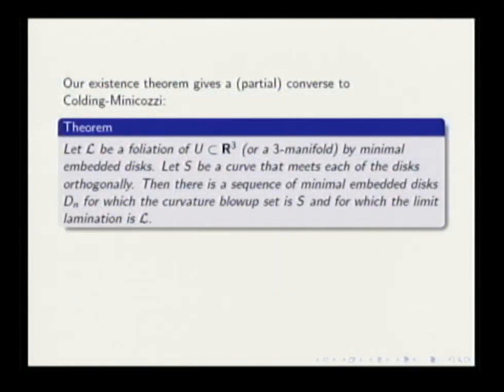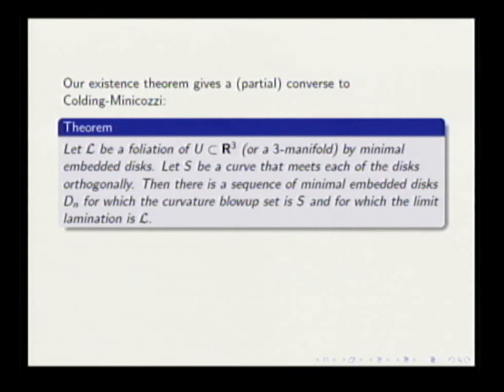Suppose you start with a foliation by minimal disks and a curve that meets all those disks orthogonally. Okay? So as I say, that configuration is consistent with the picture that Colding-Minicozzi described. And now the existence theorem implies that, in fact, there's a sequence of minimal embedded disks for which the curvature blow-up set is exactly that curve, and the limit lamination is exactly that foliation.